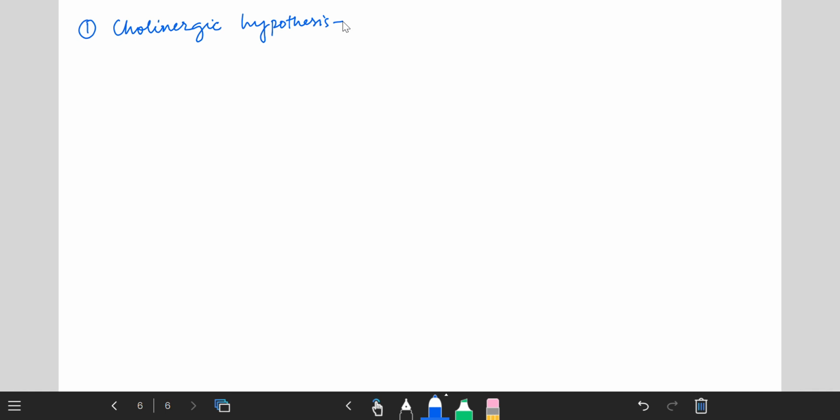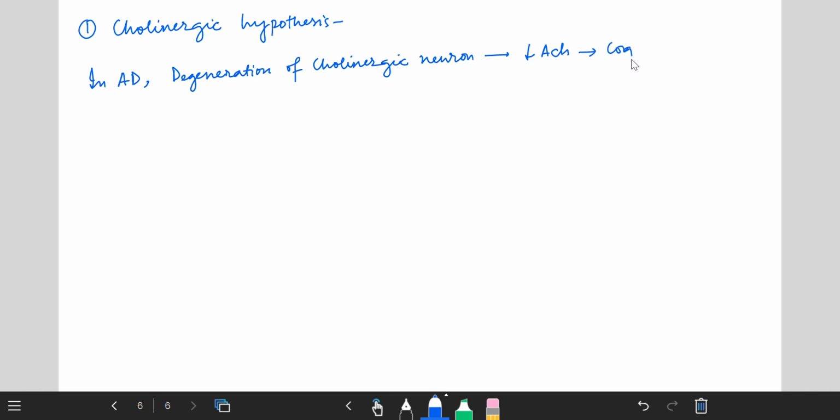So what I have said is that in an AD or Alzheimer's disease patient, degeneration of cholinergic neurons takes place. As a result, it decreases the acetylcholine concentration, which leads to cognitive dysfunction, or alteration in the function of cognitive behavior.